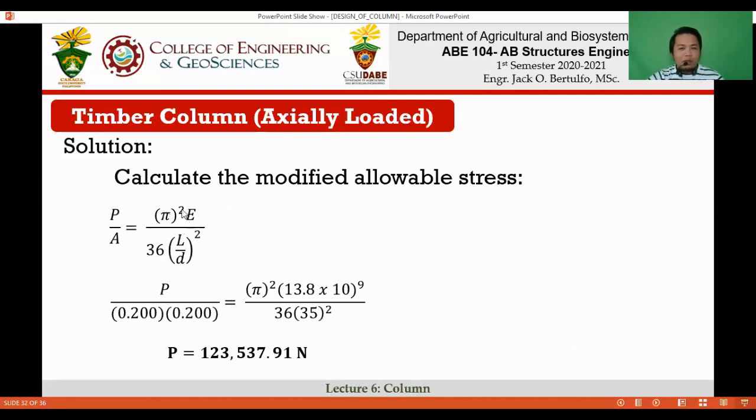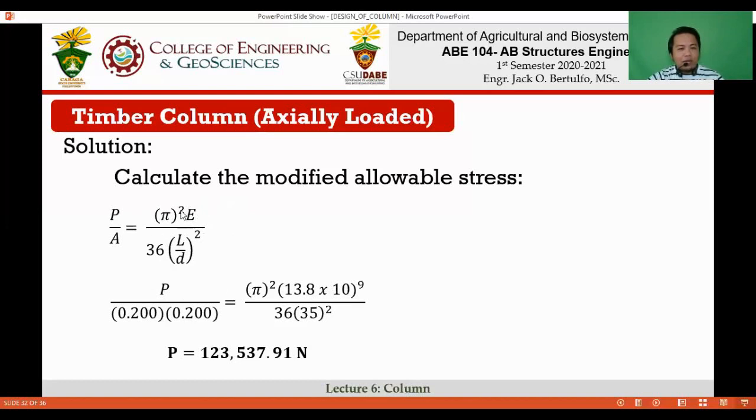If we calculate here, we can calculate the modified allowable stress. But instead of calculating the modified stress, let's check if this dimension satisfies the actual load, which is 2,400.